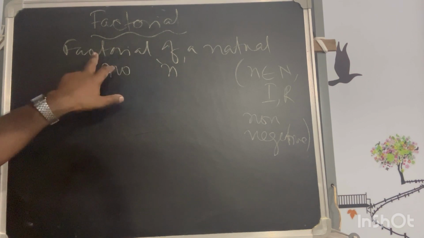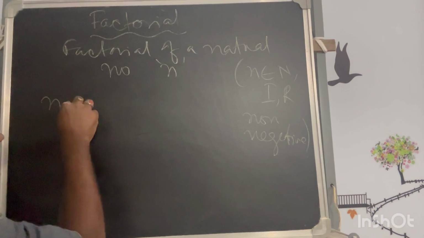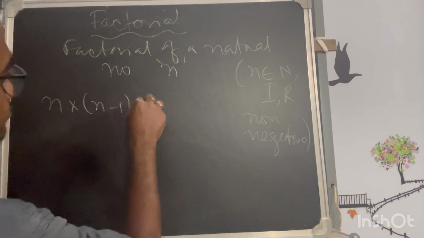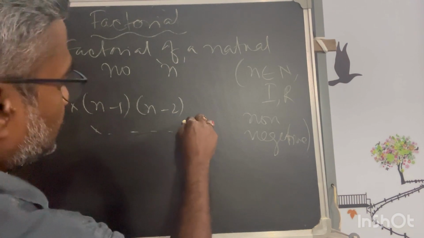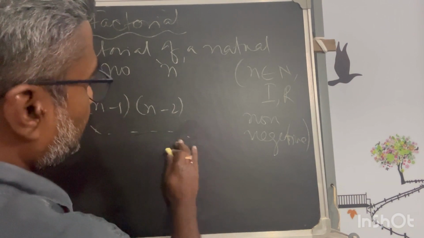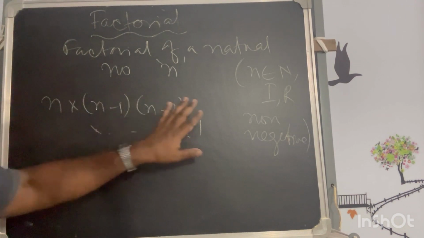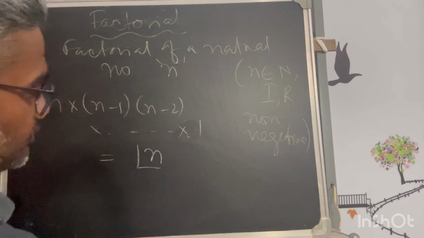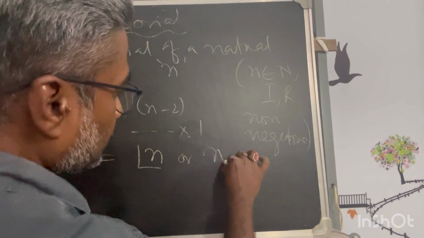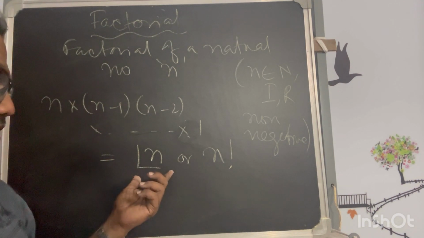So if I want to find the factorial of a natural number, we have to multiply all the consecutive terms till 1. If we multiply all the terms, this can be represented as factorial n or by this notation.